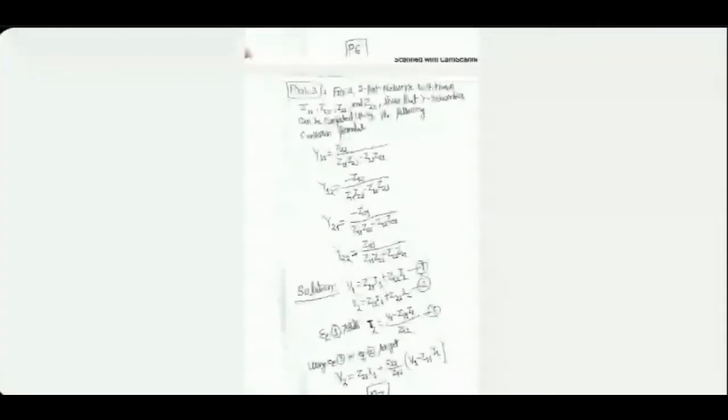What I did was I went to equation 1 and I wrote the formula for I2, which is V1 minus Z11 I1 divided by Z12.